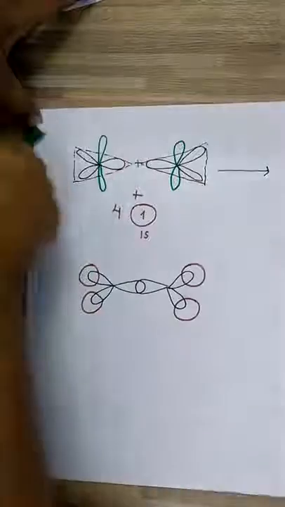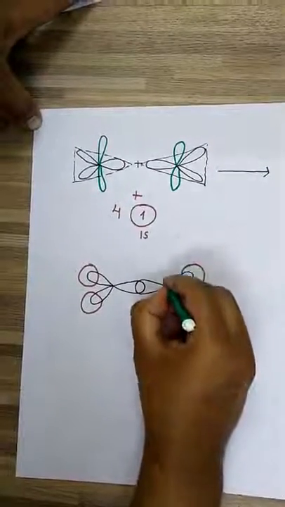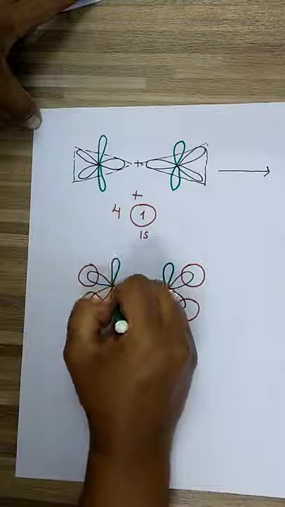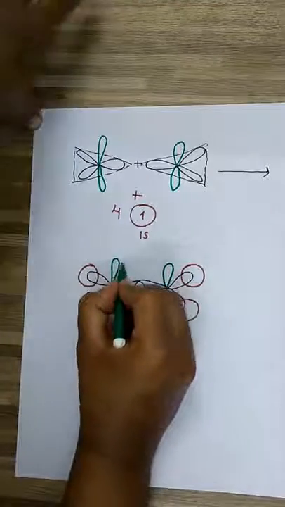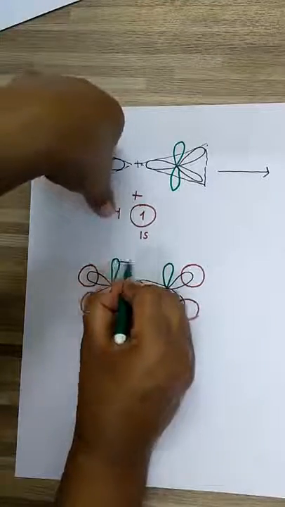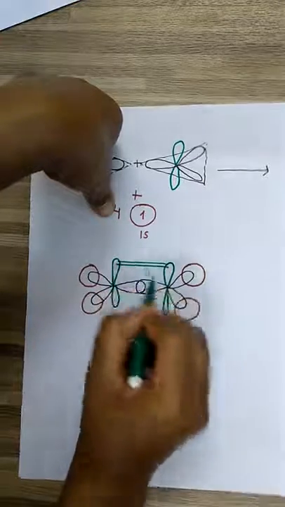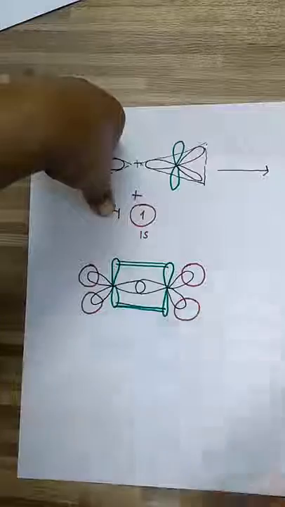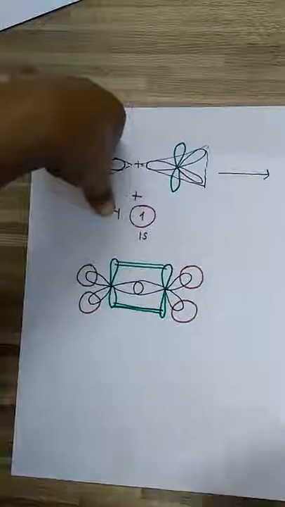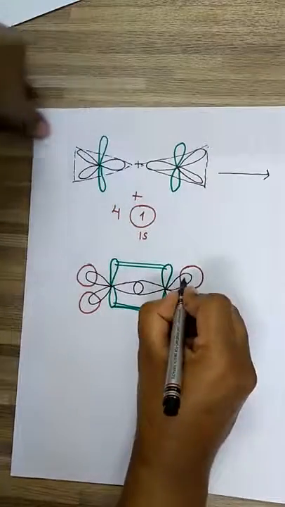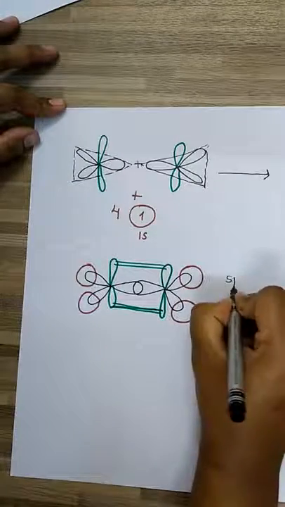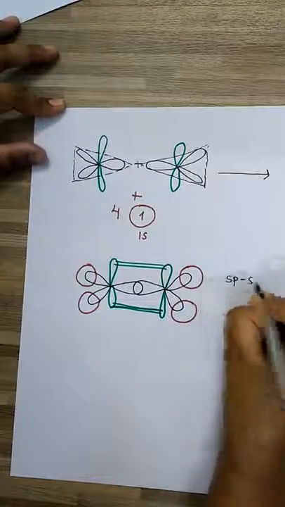What happens to the pz orbital? The pz orbital undergoes lateral overlap.